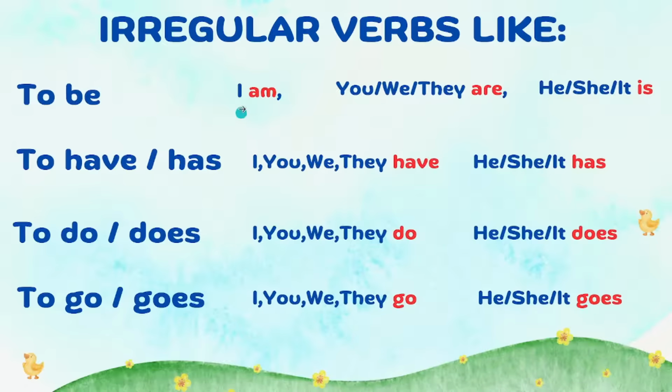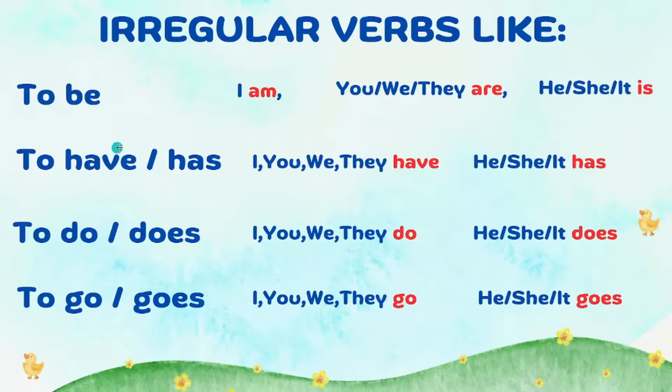For I, you will use am for to be. And the rest is you, we, and they, you will use are. And for the he, she, it is, is.